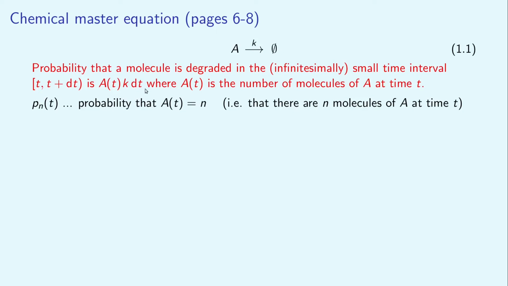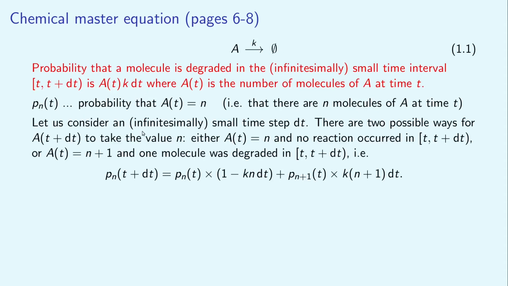Next, we will use this red definition to write an evolution equation for probability p_n(t). Let us consider a small time step dt and let us calculate the probability that there are n molecules of A at time t plus dt. There are two possible ways for A to take the value n at time t plus dt.